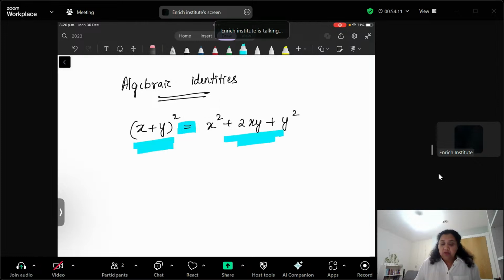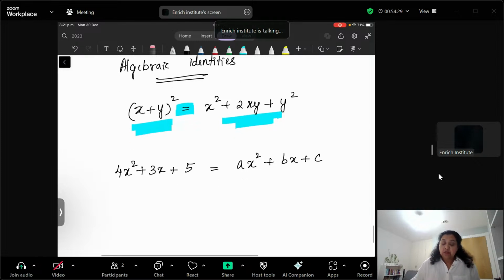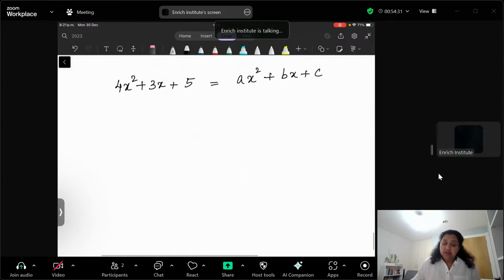Now again, if I have something like 4x square plus 3x plus 5 is equal to ax square plus bx plus c, suppose I'm writing an equation like this. Here, I can see that there is an expression for x square here, and there is an expression for x square here.